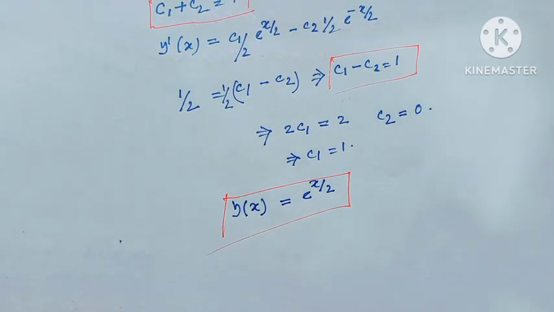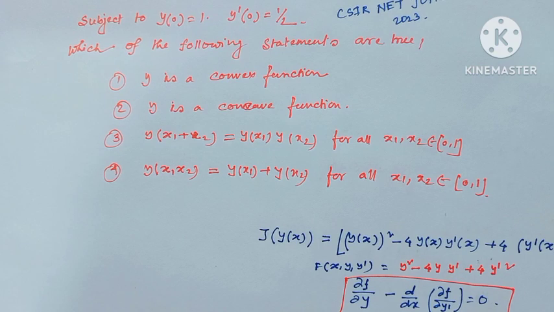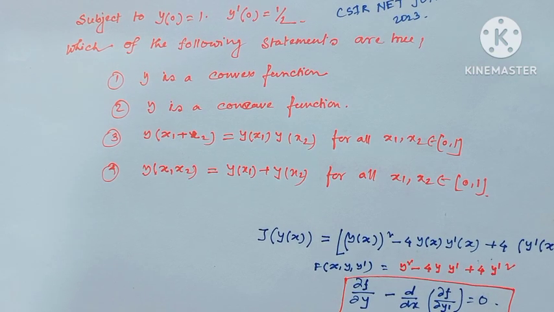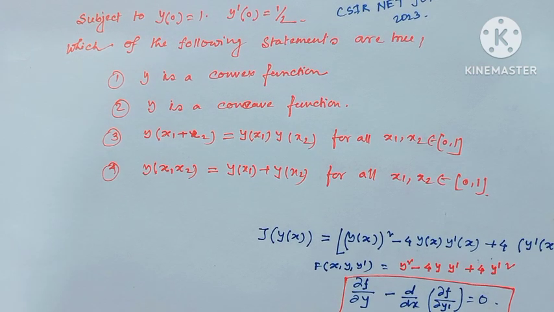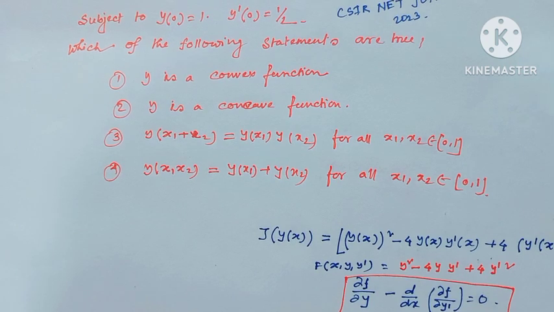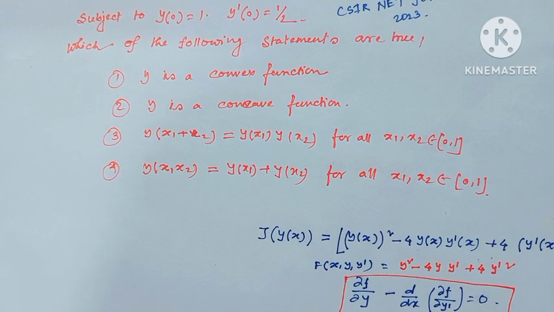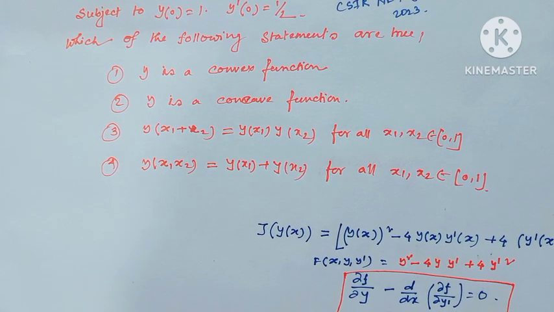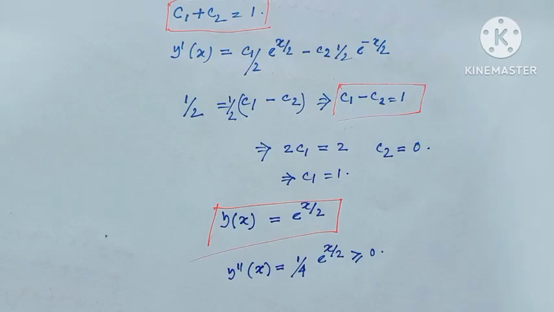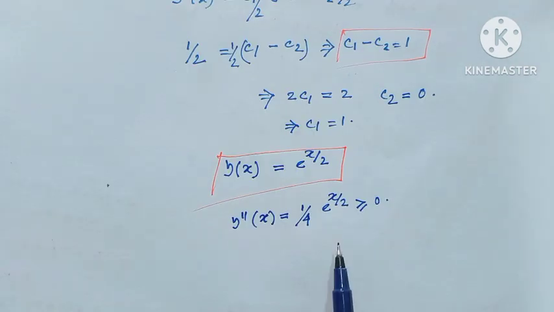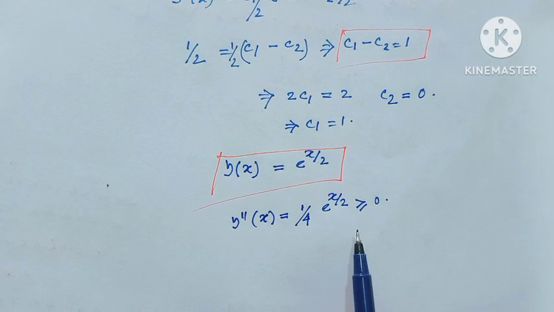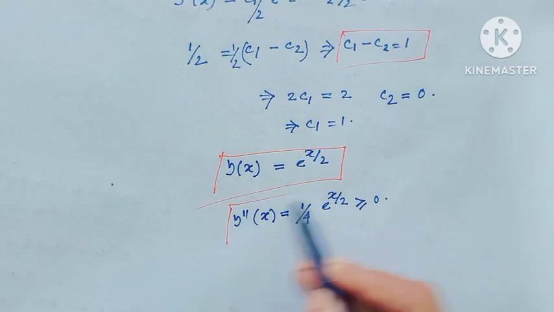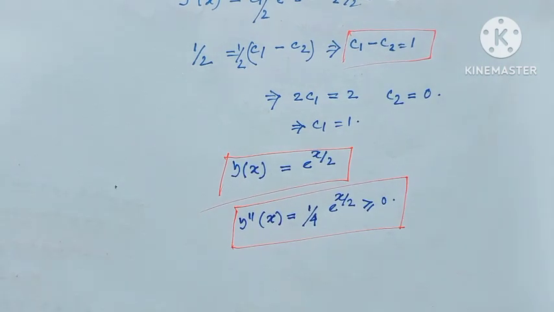And here the conditions given are convex and concave. All of us know if y double prime(x) is greater than 0, then the function is always convex, and if y double prime(x) is less than 0, then this is a concave function. y double prime(x) equal to obviously 1/4 e to the power x over 2, and notice y double prime(x) is always greater than or equal to 0 for all x.